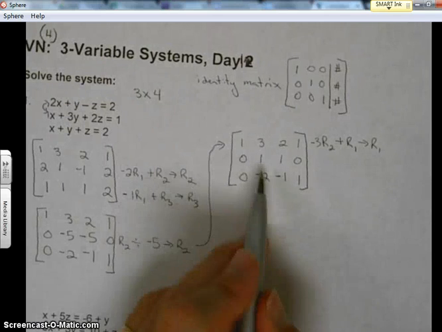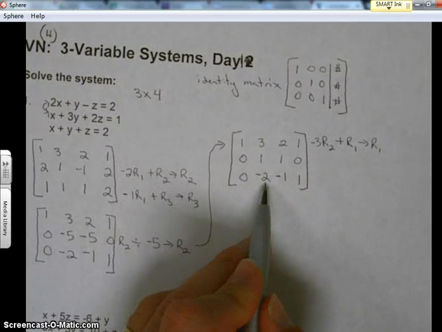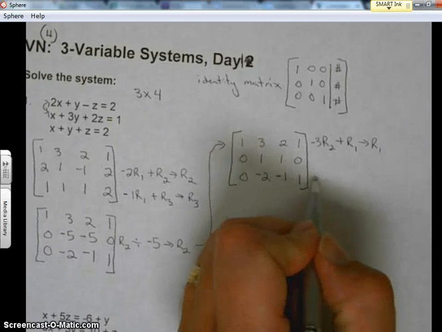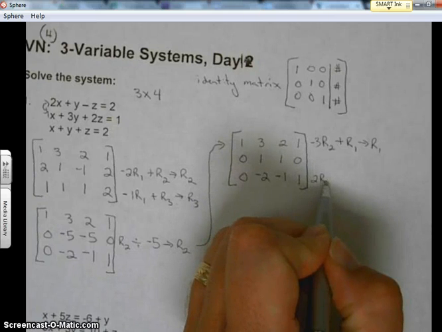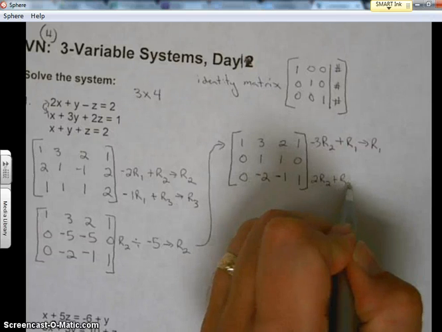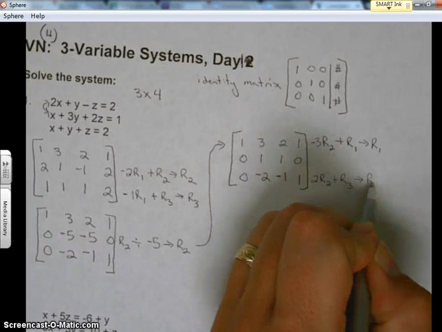And then to get a 0 below it, I need a positive 2 to add to negative 2. So I'm going to multiply row 2 by 2, add it to row 3. That's going to give me a new row 3.